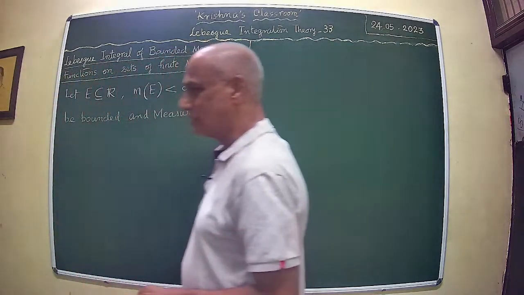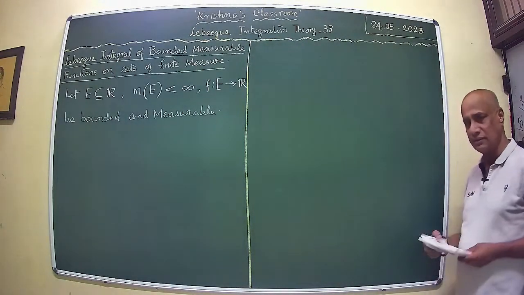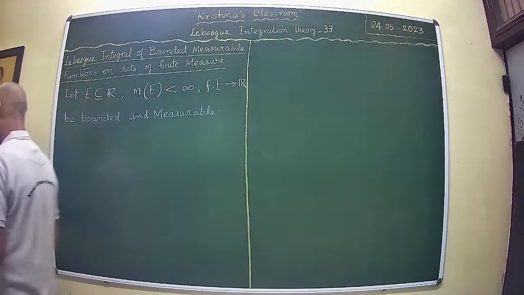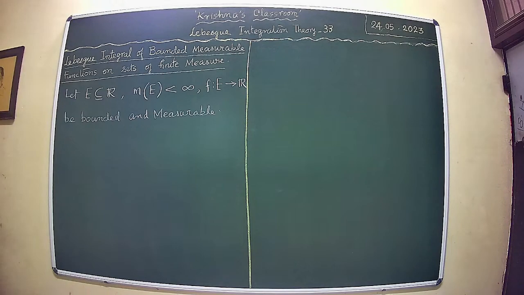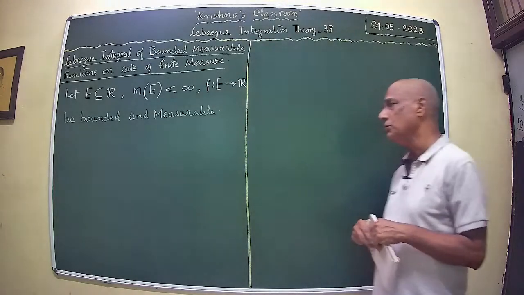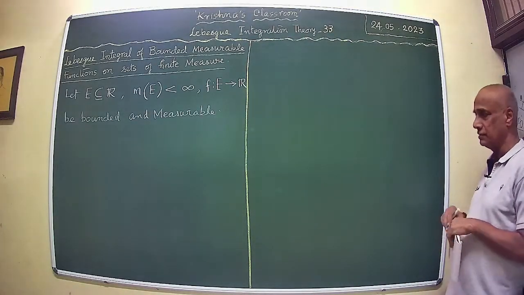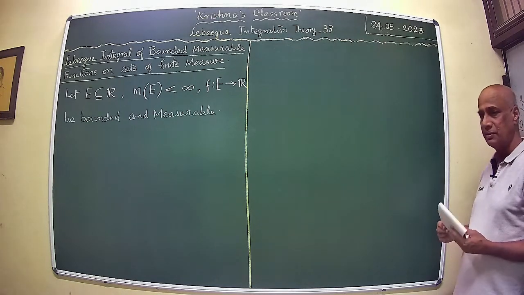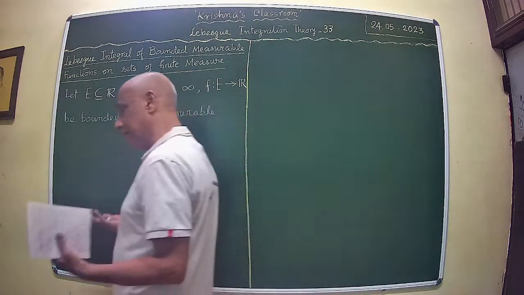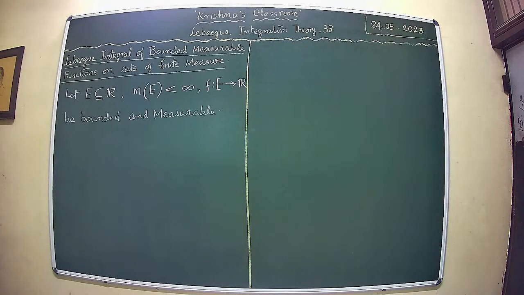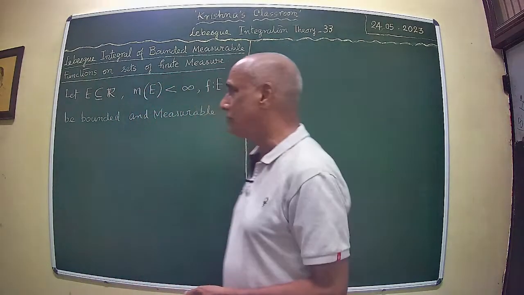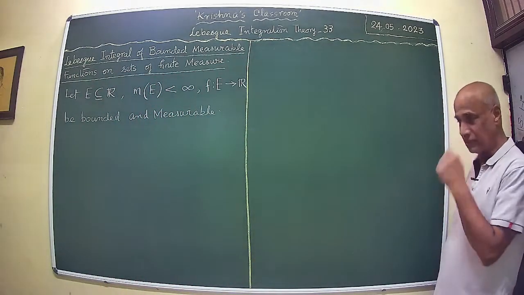And then of course we took the supremum of all lower sums and the infimum of all upper sums over all partitions of the interval into subintervals, and we said that f is Riemann integrable provided the supremum and the infimum turn out to be the same. That was the strategy.